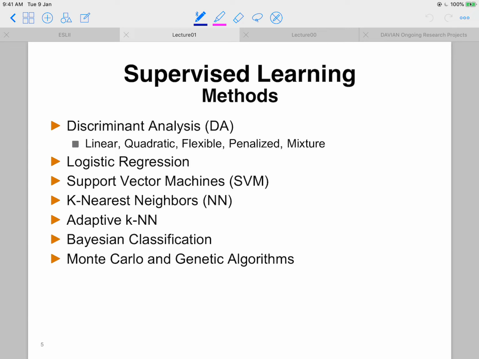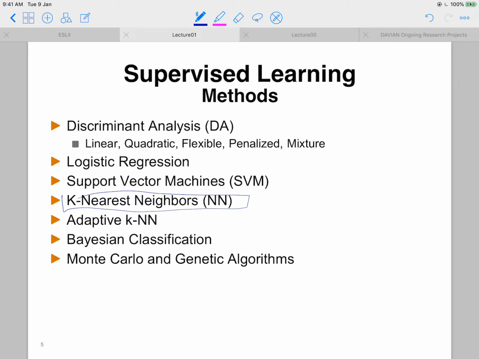So there are many different supervised learning methods. And also, because we discussed this non-parametric model, the k-nearest neighbor classifier is also a representative method of non-parametric methods, right?